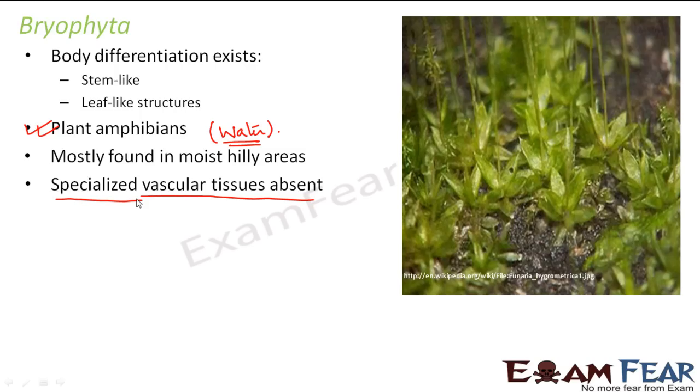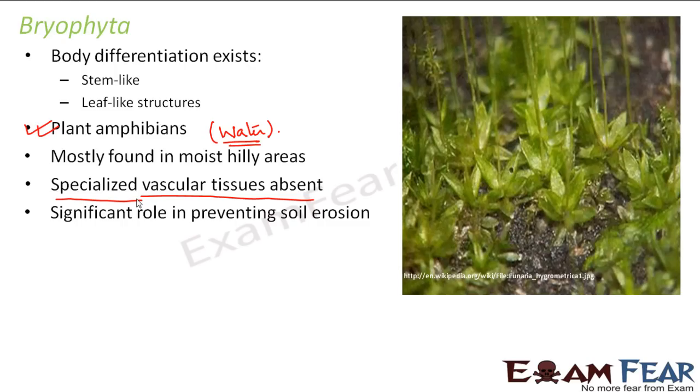So water cannot reach heights without the vascular tissues, and that is why these plants do not grow very tall. As plants start growing very tall, they need the water and minerals to be conducted to that height, but there are no vascular tissues, so who will carry water and minerals? So they do not grow that tall. Bryophytes are all small plants.